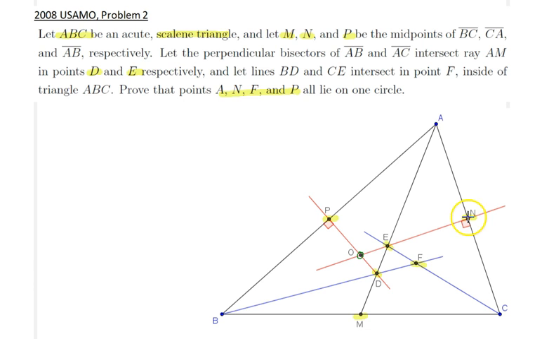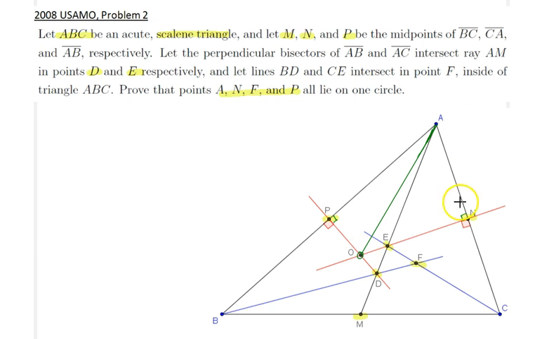There exists a circle which goes through points A, P, O, and N, such that AO is the diameter. So let me go ahead and draw this proposed diameter here. Because of these 90-degree angles, those angles would subtend the diameter, and obviously the diameter would be AO.